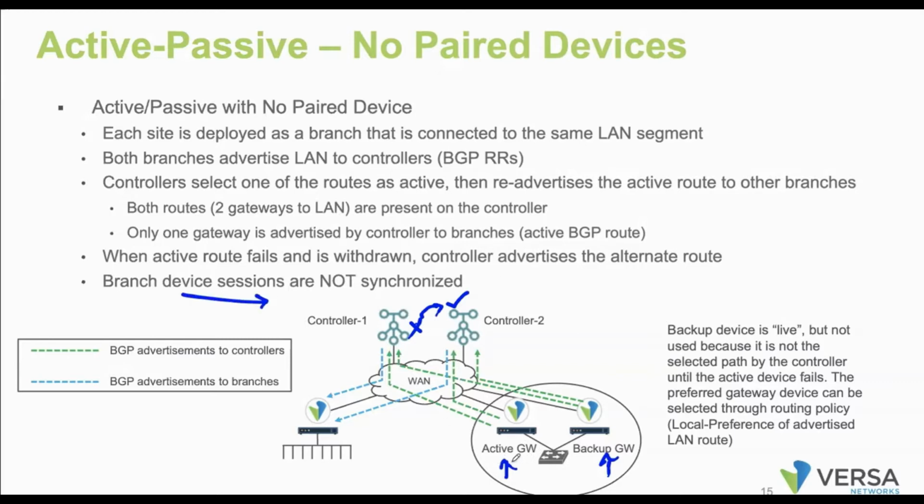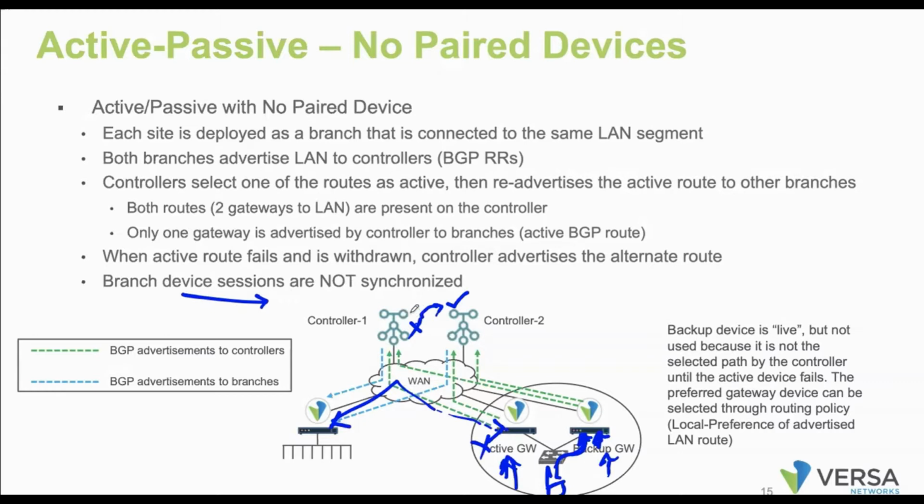For example, there is some traffic which is going to the active device. Only this gateway will be responsible to process the traffic which is going to the remote branches. The moment this device goes down, the traffic has to be shifted to the backup gateway. So the existing sessions will be considered as new sessions here, because the sessions are not synchronized between the branches.